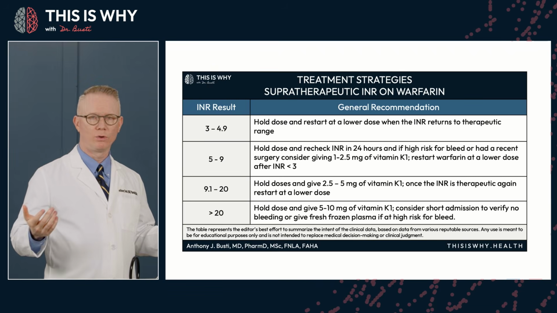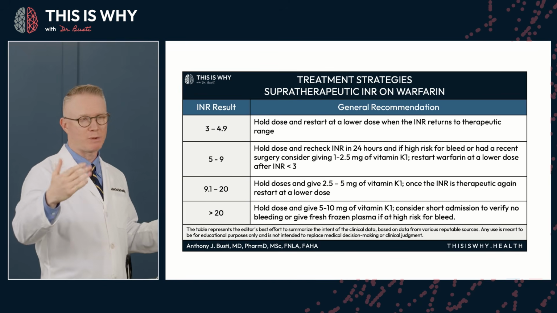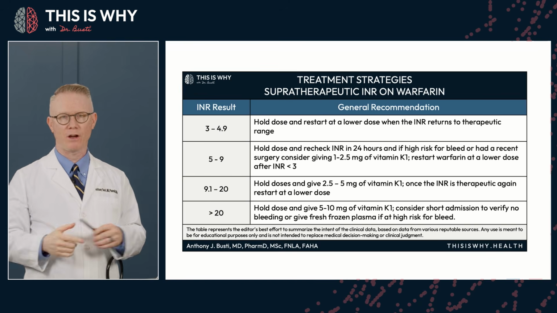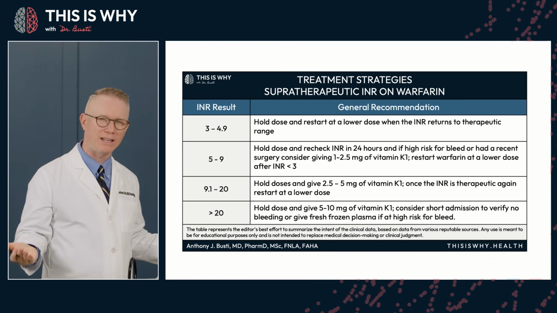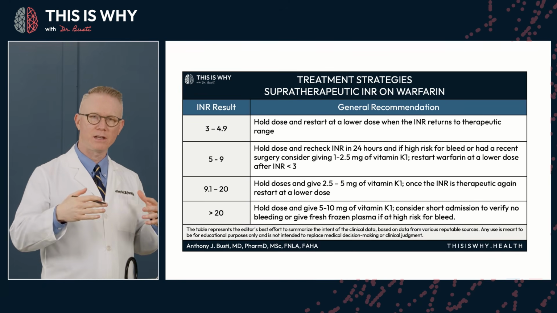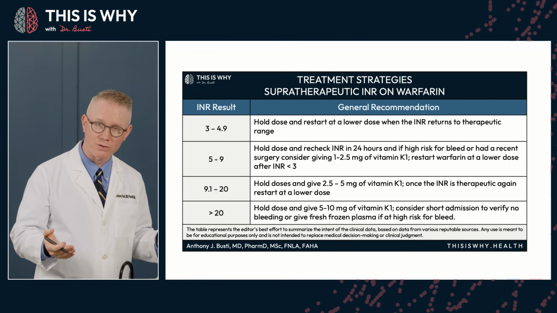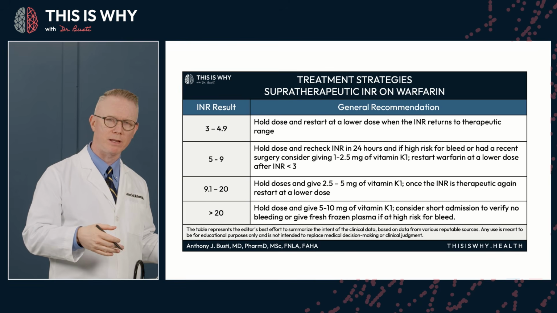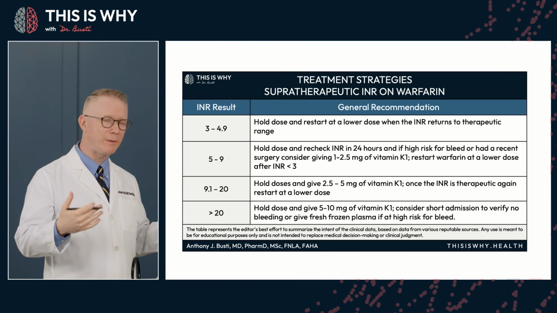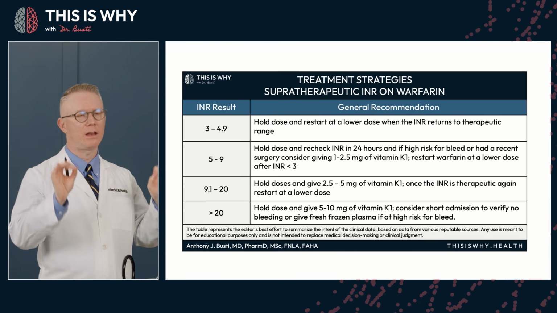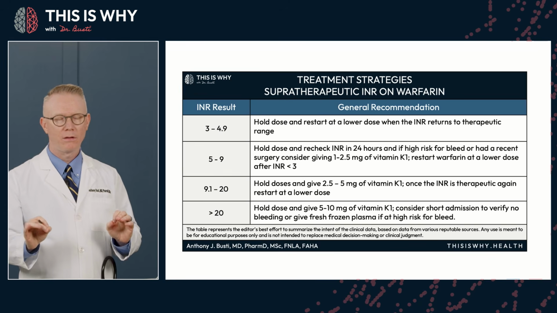So what do you do if the INR goes way above 3 for most patients, or 3.5 in the mechanical heart valve patient? Well, you have to put it in the context of what's going on. Is the patient bleeding? You know, not everybody that has an elevated INR is going to bleed. The risk of bleeding goes up, but that doesn't mean you're going to spontaneously bleed. So there are some treatment strategies. Again, not black and white rules. Please don't go there.